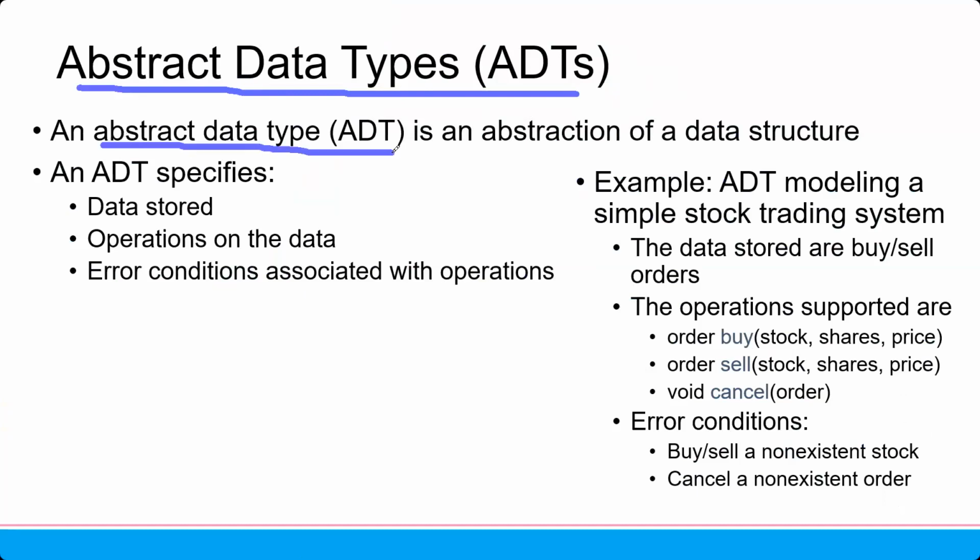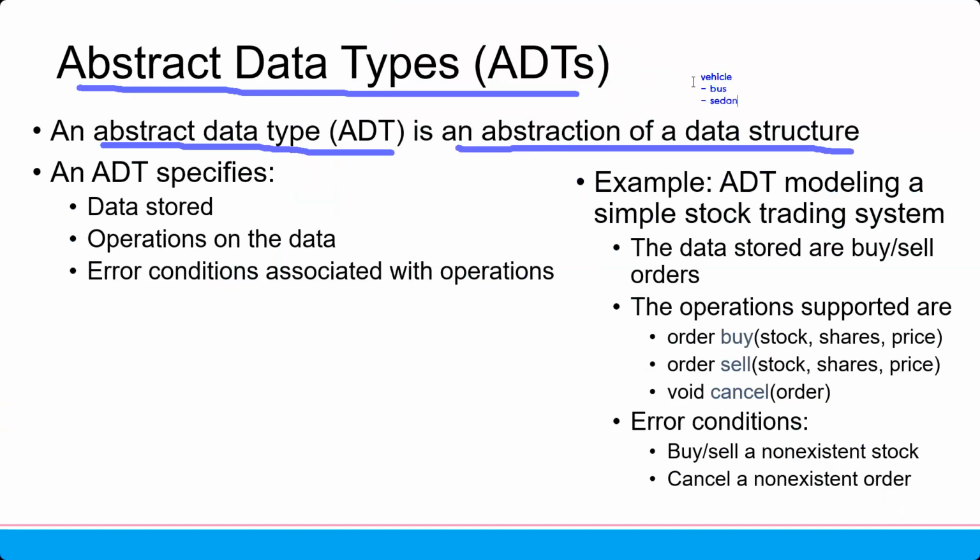So ADT, or abstract data type, is an abstraction of data structure. Like what you already did on the assignment, you have the vehicle. When you have the vehicle, it means we have all the properties of vehicles, and we can have subclasses, like bus and sedan.